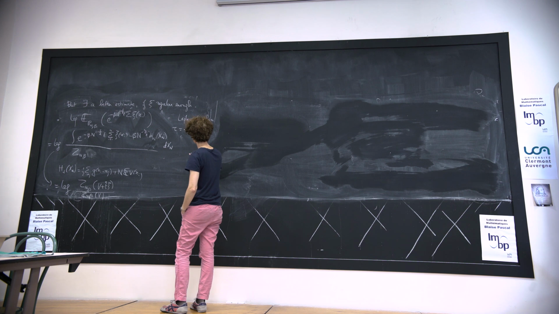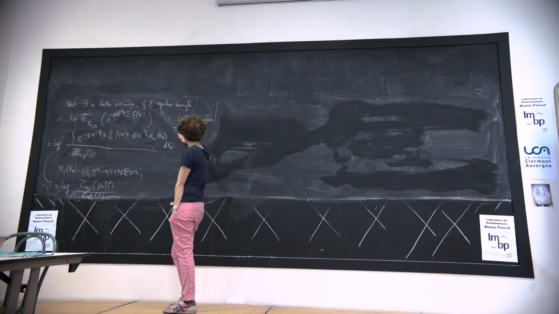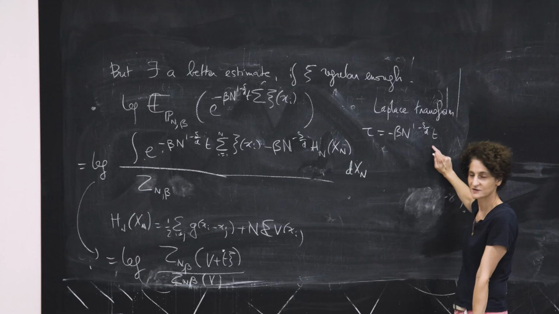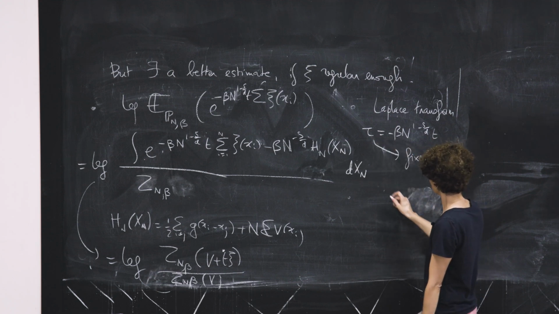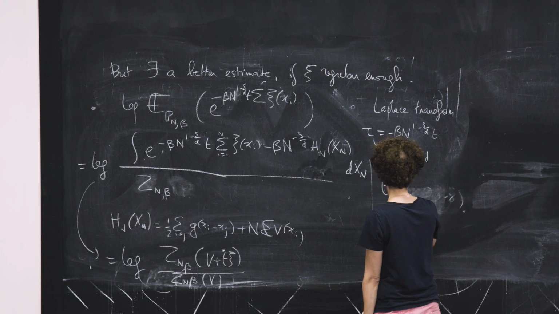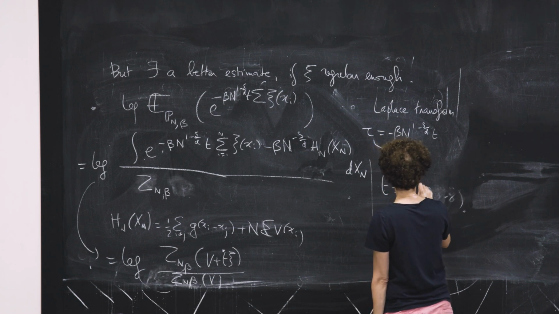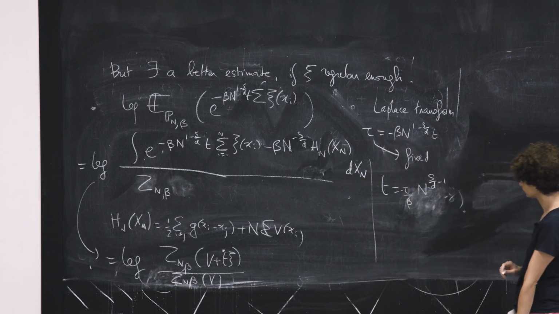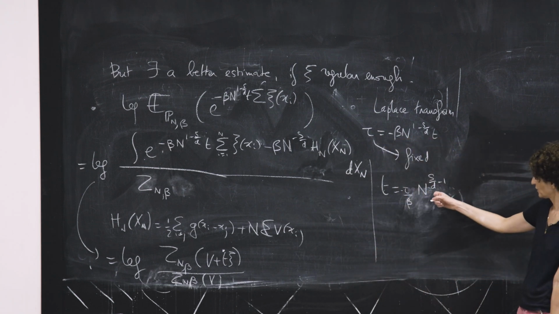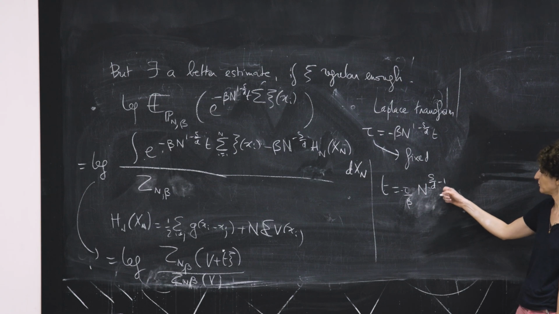So now the other remark is, in the end, we want to take tau equals minus beta, and so on, t, and we're going to take tau fixed, right? So we want to take tau to be of order 1. So that means that we need t to be tau over beta and s over d minus 1. But n to the s over d minus 1, that's always small.